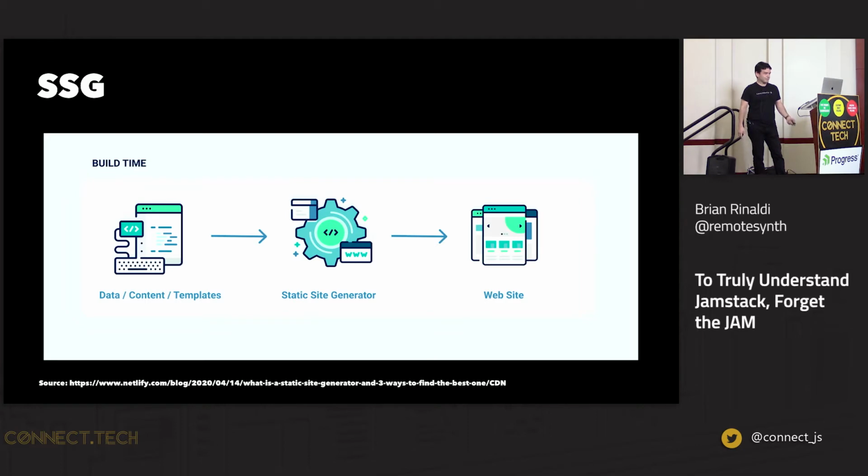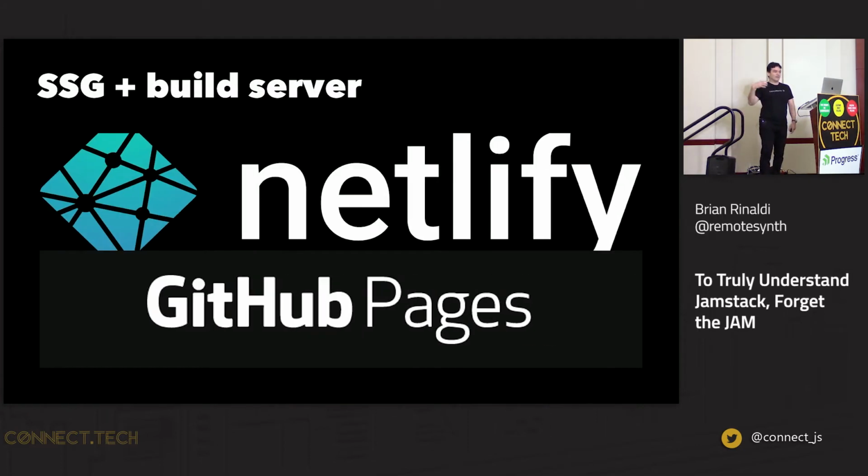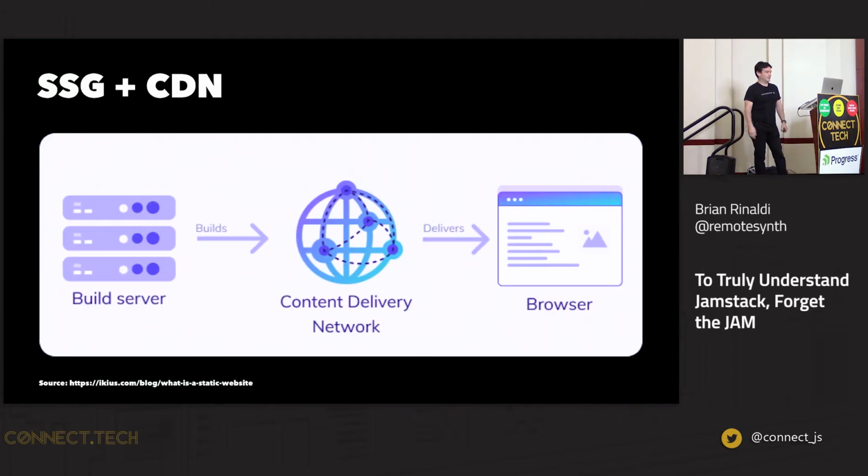And then things started to change with Netlify and GitHub Pages, where I'm no longer rendering things on my machine. I'm actually pushing them to GitHub, and then they get rendered on a build server out there. And we started to call this pre-rendering, right? Which we still kind of do. Instead of statically generating, we're pre-rendering pages and pushing them out to a CDN, which is where Netlify started to change things.